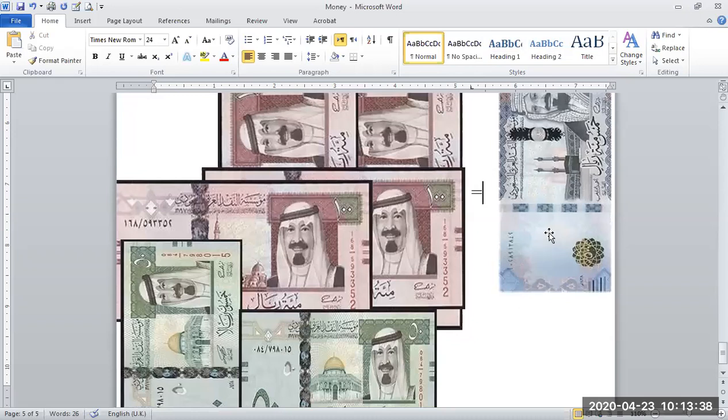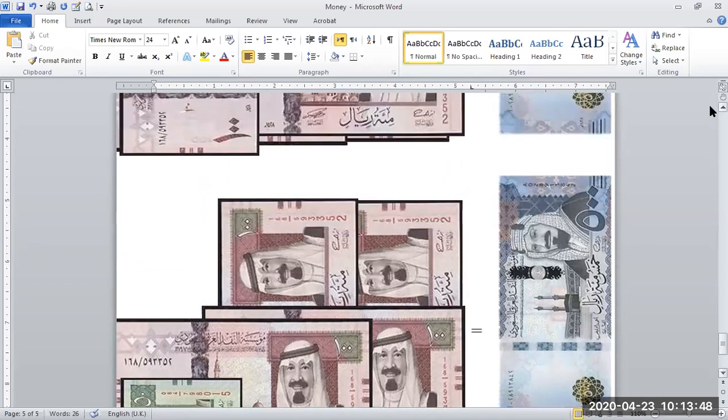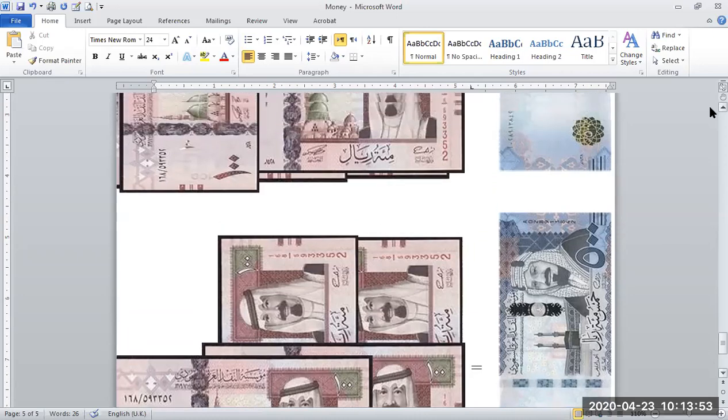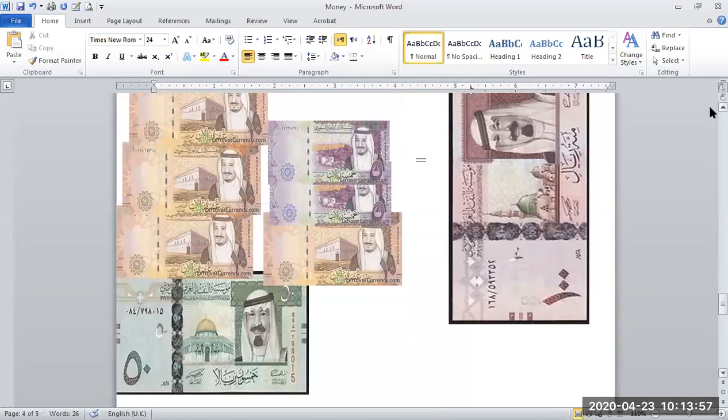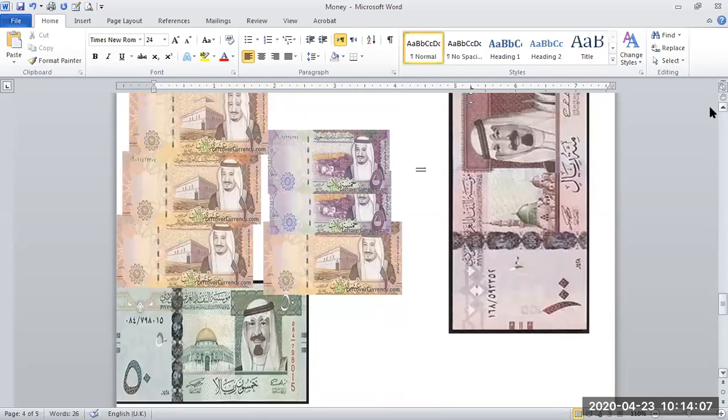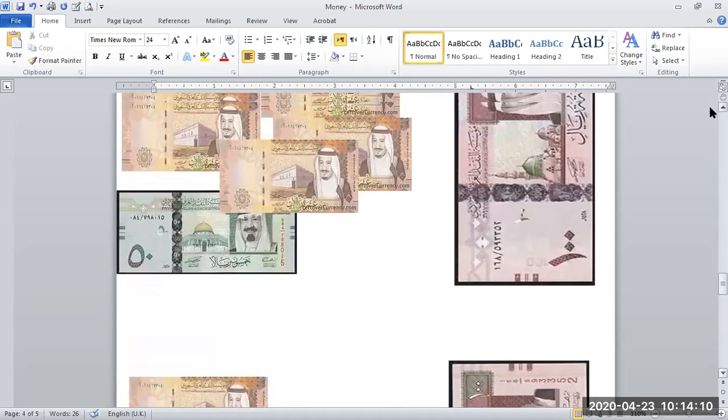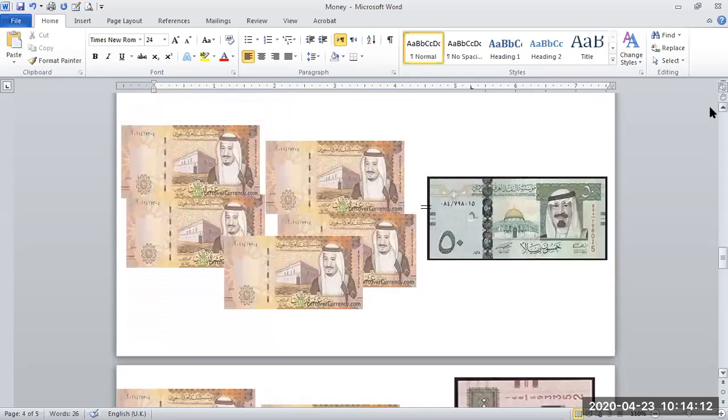And this is equal to one note of 500. This is, you can say, the biggest note in our currency in riyal. Okay, you can use this arrangement. I give you examples, each note has two examples. But if you have another kind of note, then you can use it, but it should be equal to the big note, not greater, not less.